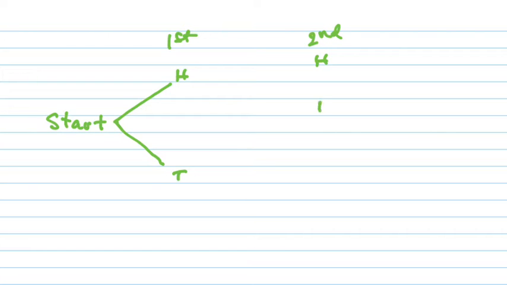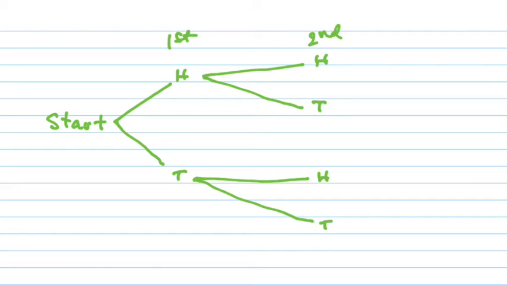Heads or a tails. So they branch again. If you got the tails the first time, on the second coin you can get another heads or another tails. Right? So very straightforward. Try to keep it that way. Don't get too creative.